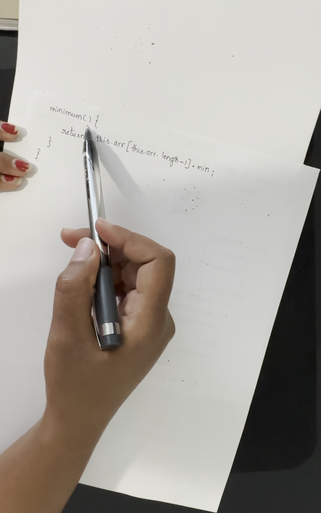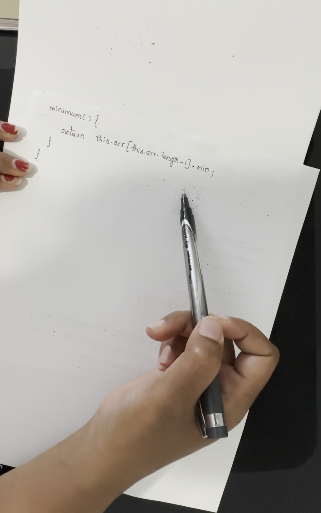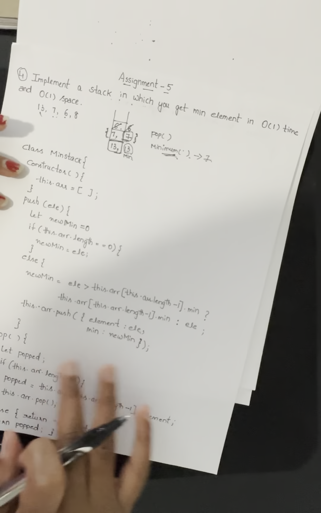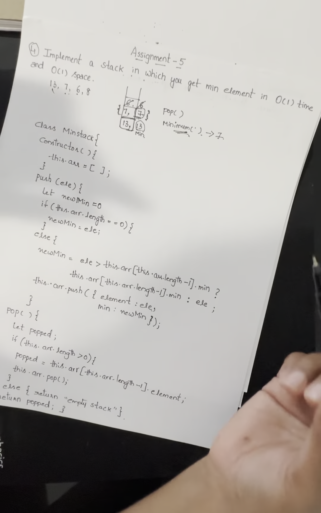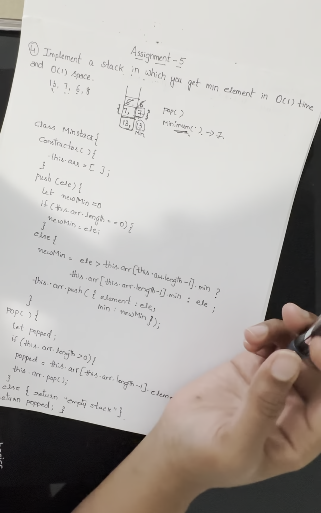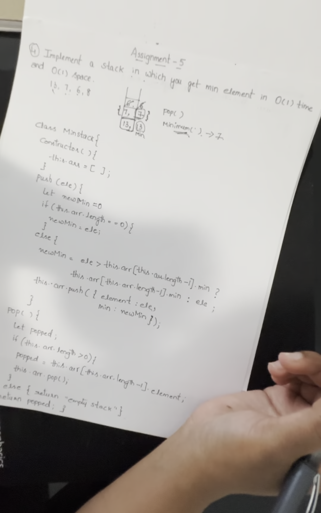So for the minimum function we are using big O of 1 time, and since we are not using any extra space here, the space complexity is also big O of 1. So that is all. So we can get the minimum element in the given time and space. Thank you.